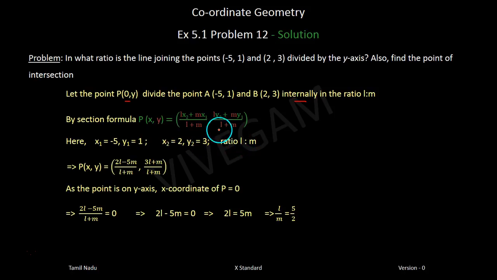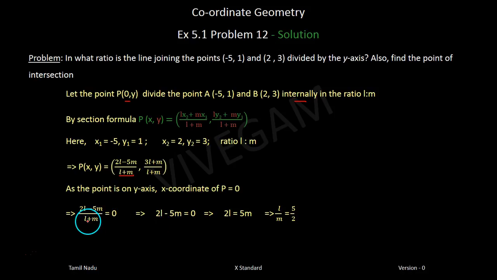L x2, that is 2L, plus M x1, that is 5 into minus 5, that is minus 5M, divided by L plus M. Then for y, it will be L into y2, that is 3L, plus M into y1, that is M into 1, that is M, divided by L plus M. We know the x-coordinate is equal to 0. So equate this to 0: (2L minus 5M) by (L plus M) equal to 0.